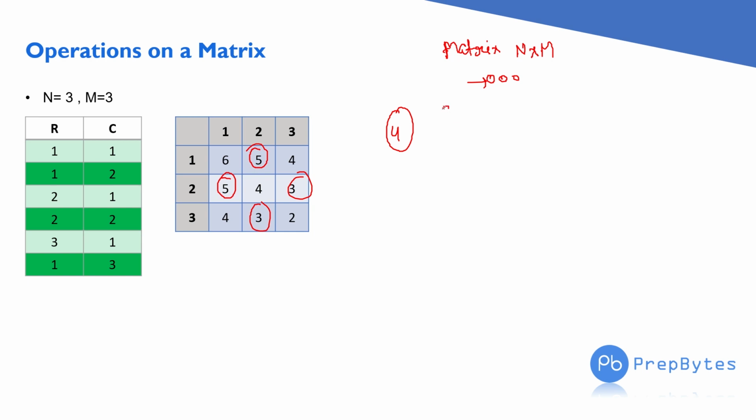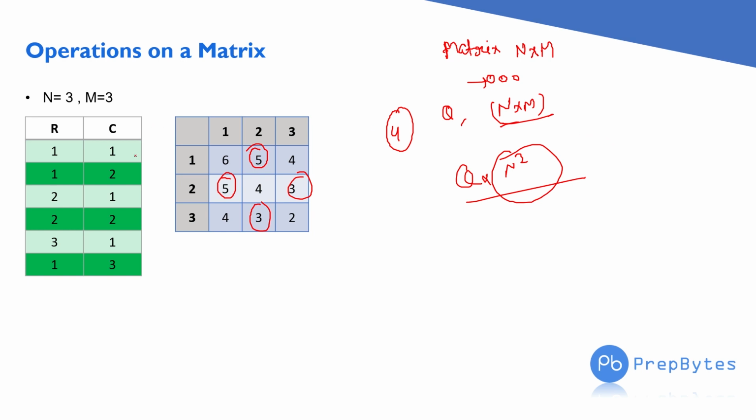For q queries you need to access n into m elements each time. So this already is n square for the matrix, and q number of times, so q n square will be your time complexity for changing the matrix each and every time.